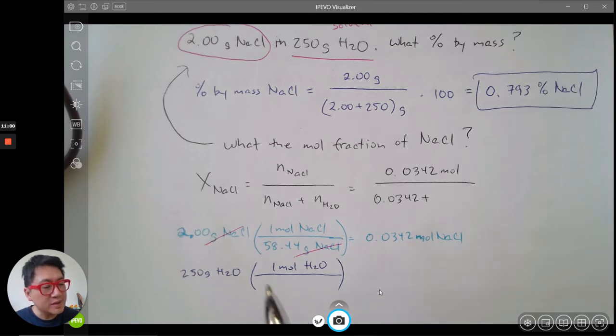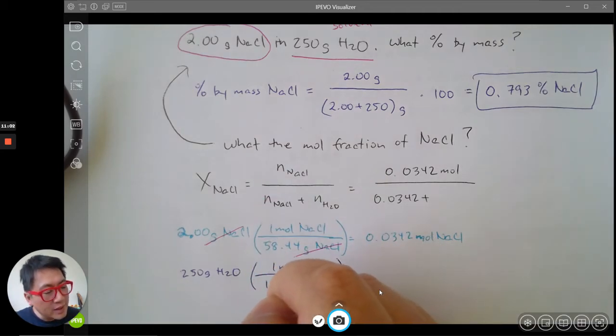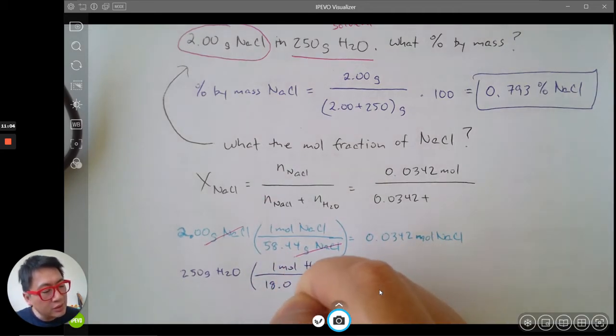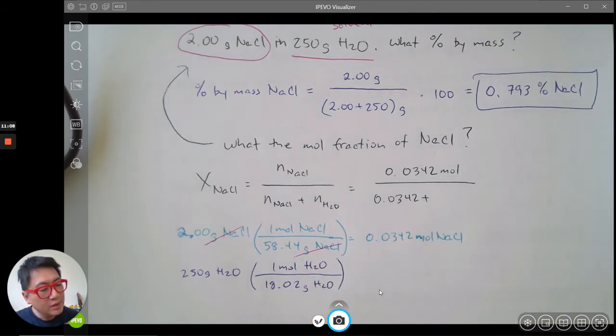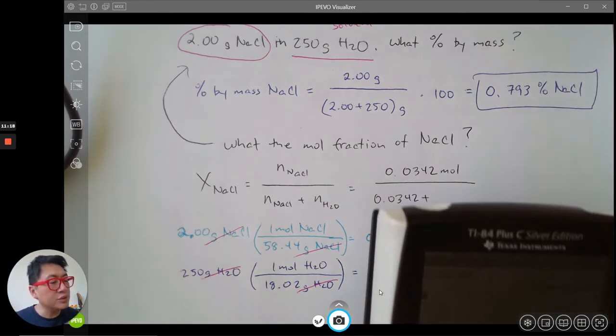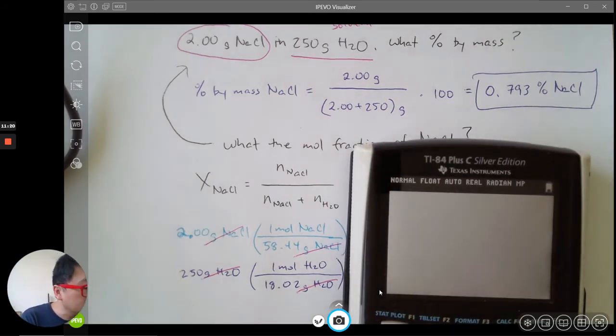So that adds up to 18.02 grams. So grams will cancel. 250 divided by 18.02, and I don't know what that is. 250 divided by 18.02 is 13.87.